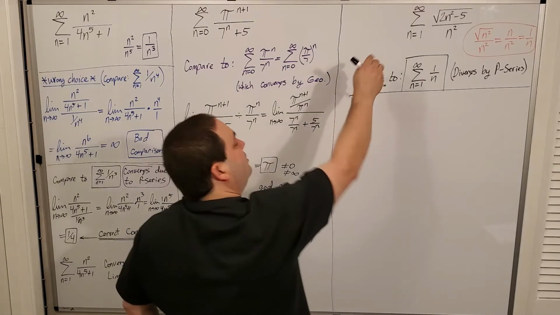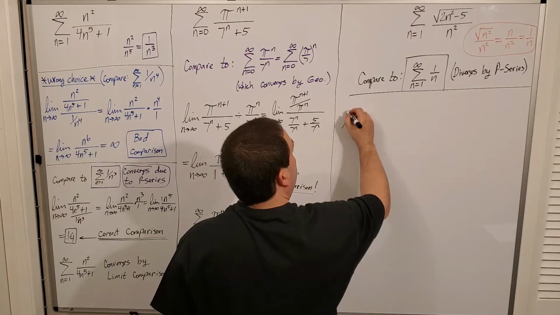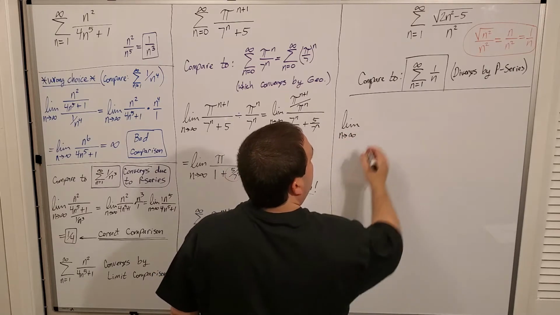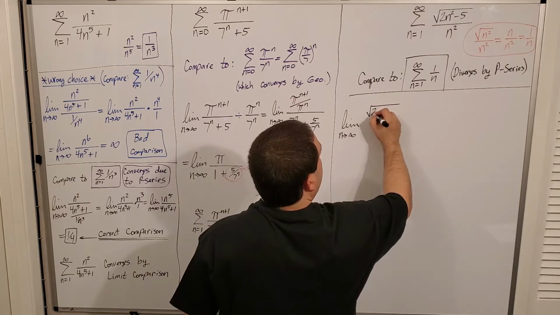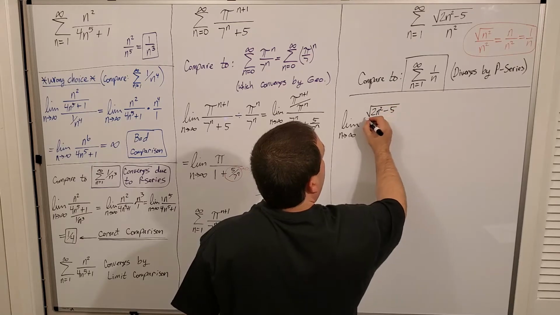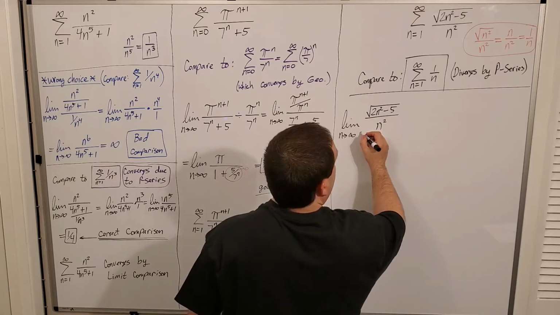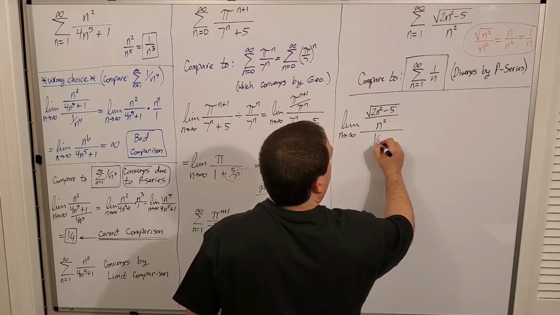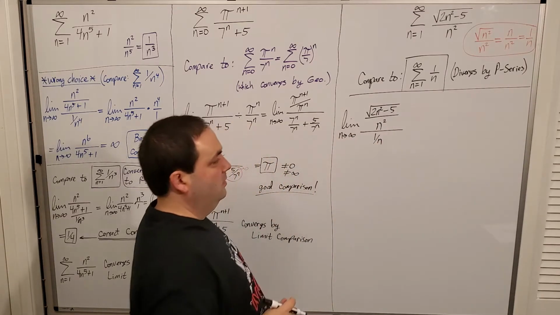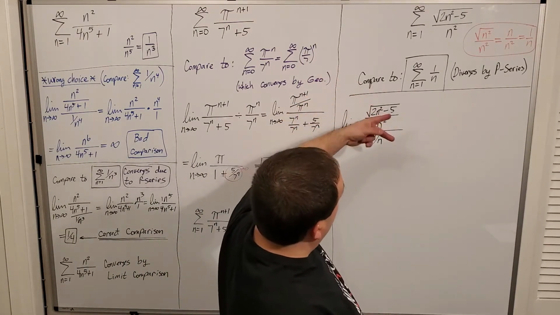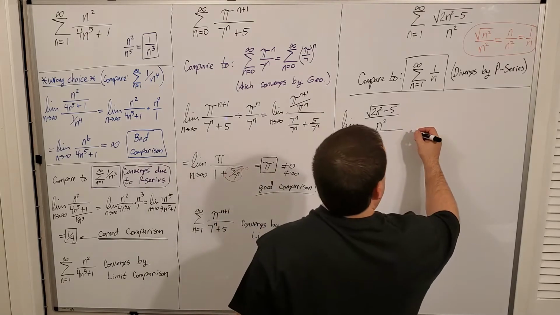Okay, so how do I do this comparison? I'm going to do the limit as n goes to infinity of the square root of 2n squared minus 5 over n squared, and I'm dividing by 1 over n. So, again, just as before, I'm going to flip and multiply.